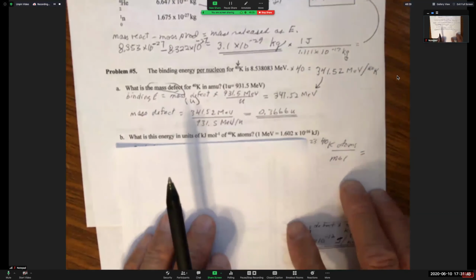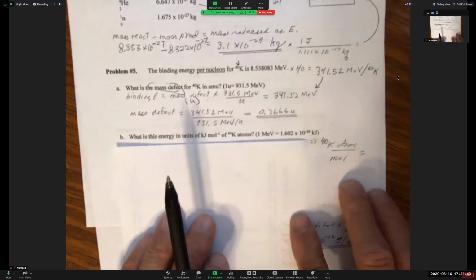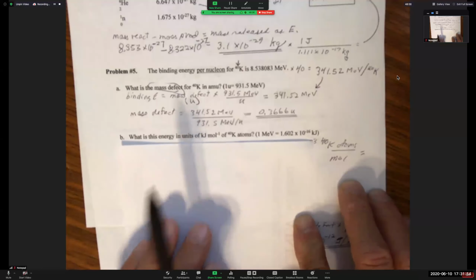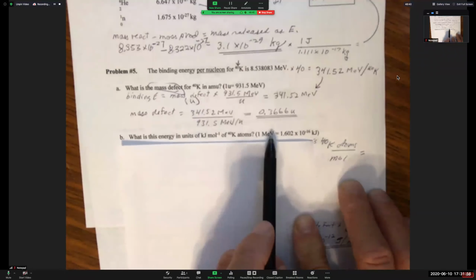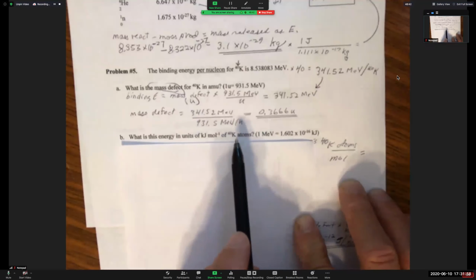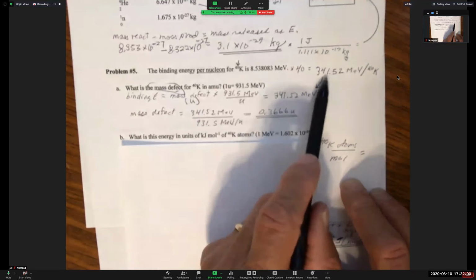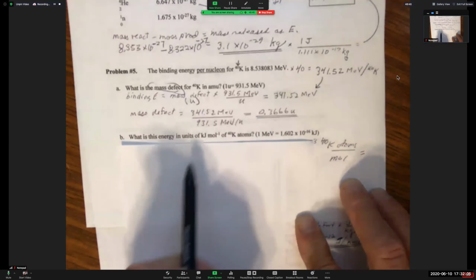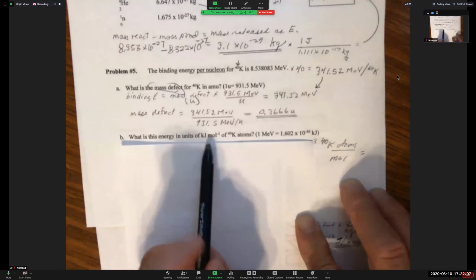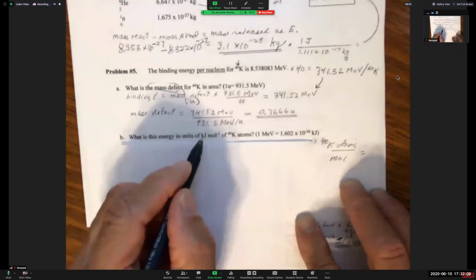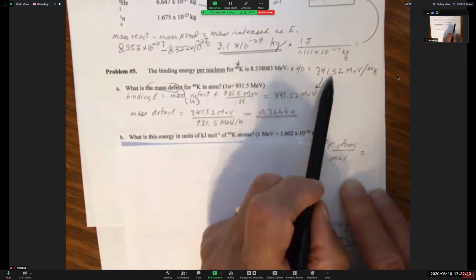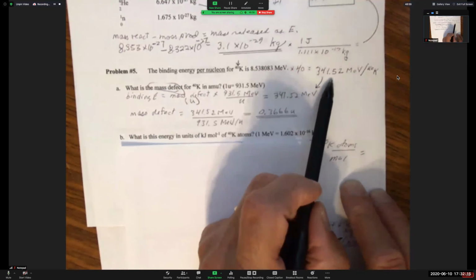The last problem says, what is the energy in units of kilojoules per mole of potassium-40 atoms? In this case, we need to convert the binding energy into joules and then multiply. Here's the MeV up here, the binding energy we calculated for a nucleus.